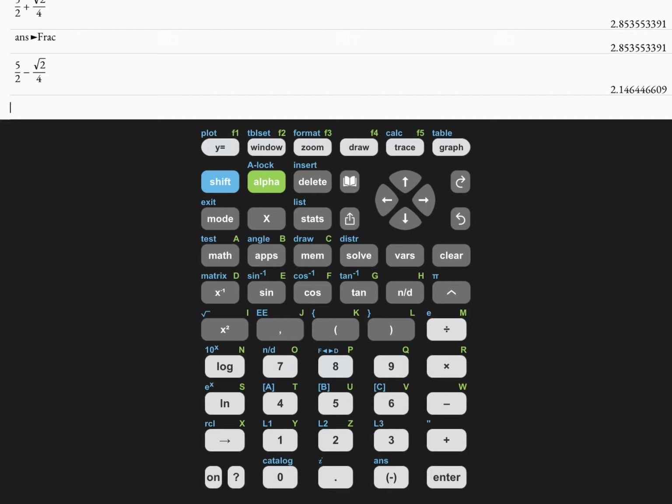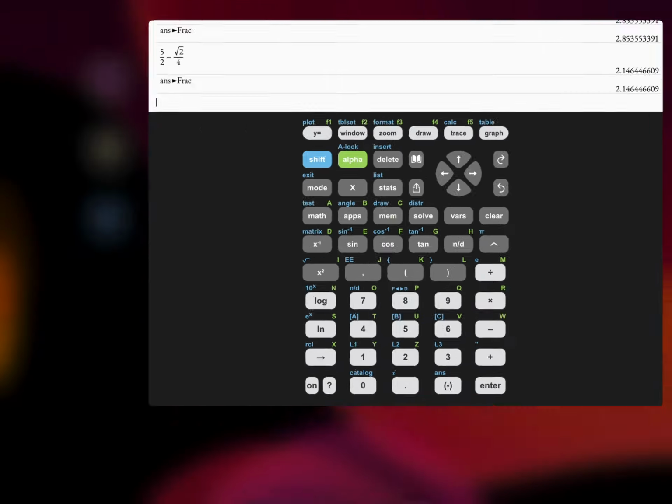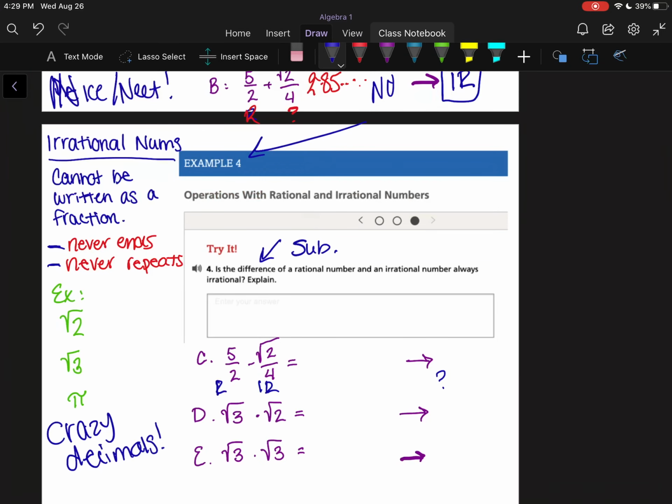That's irrational. But we can always try to make it a fraction, math, enter, to double check as a last way to check. I see that crazy long decimal, and it was like 2.14 something. It cannot be made into a fraction. That means it is irrational.